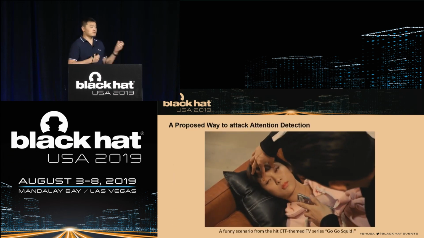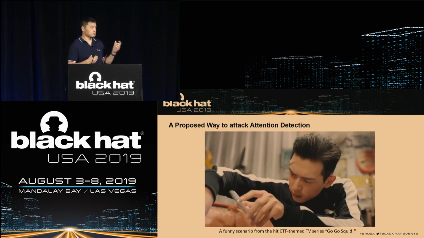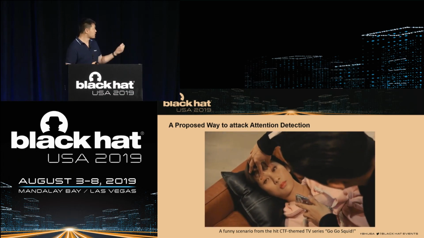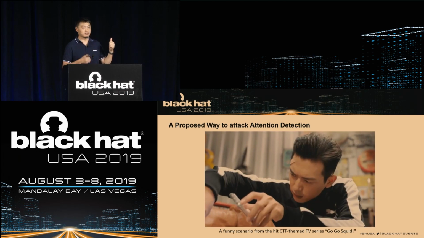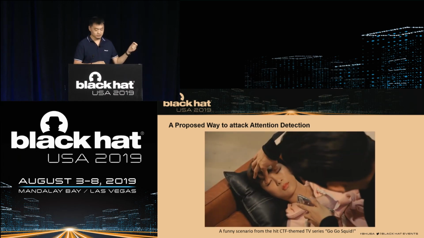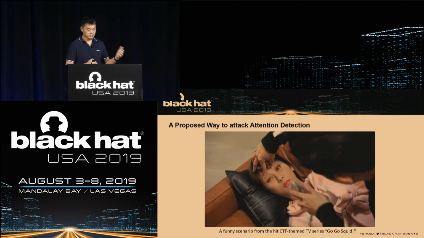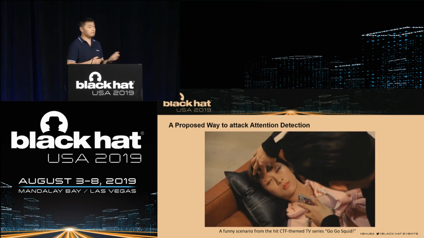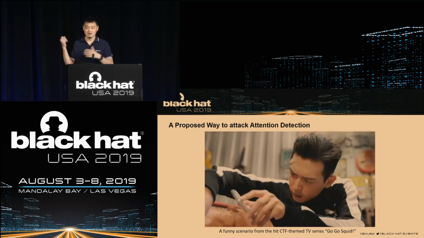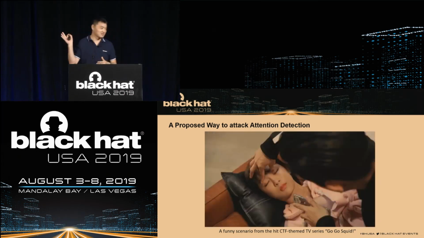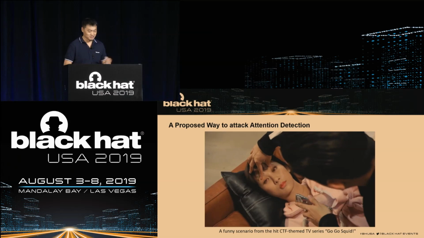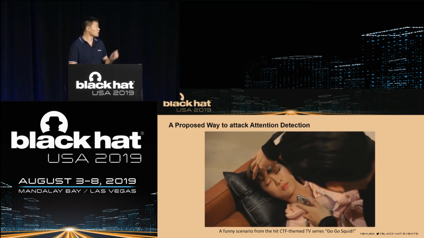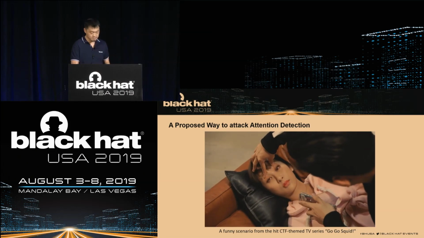With this detection enabled, there is a stupid way to try to bypass this attention detection. Absolutely, my talk will not cover this kind of way, and I will introduce an ultra low cost way to do it.